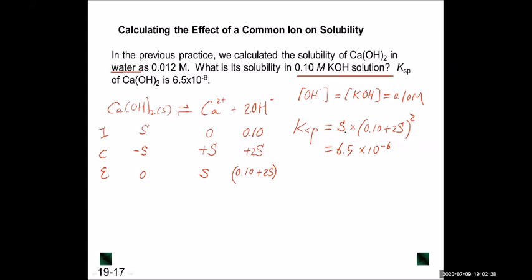This S must be very small because this portion is more than 0.01, and these two multiplied should give you a small number. So that S must be very small compared with 0.10. And that means I can use approximation.